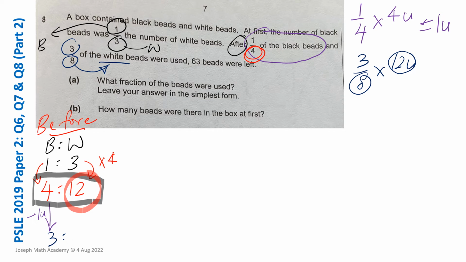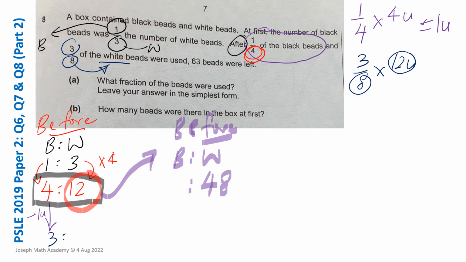Okay, so what we know is we have to go all the way back to common multiple. So now, one more time. This time, the before ratio is no longer 4:12. The before ratio has to change to something is to 48.